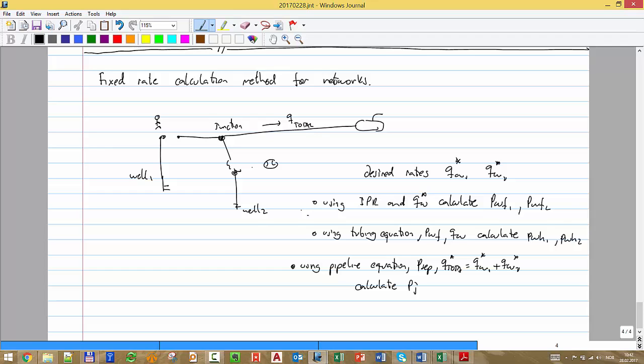Yes, I'm calculating from here to that point. And from that point, I also move back to the wellhead, to the downstream of the choke, using flow line equations for each well.